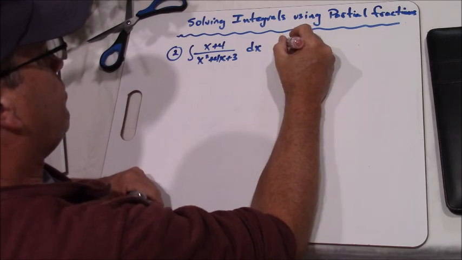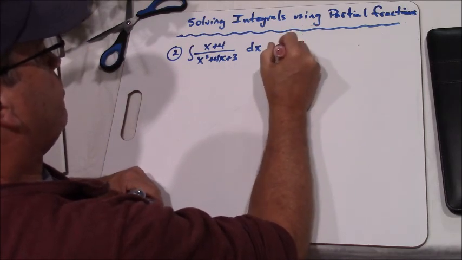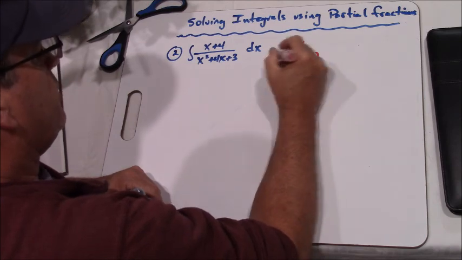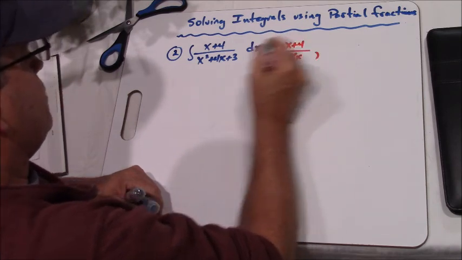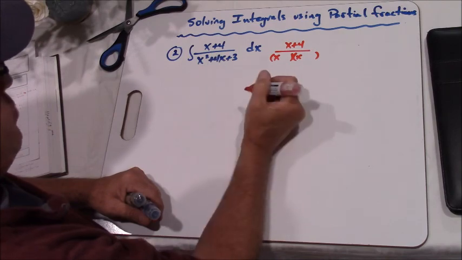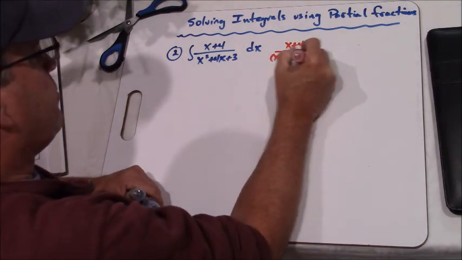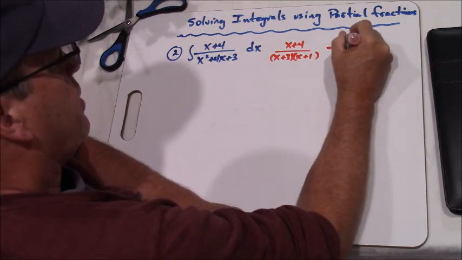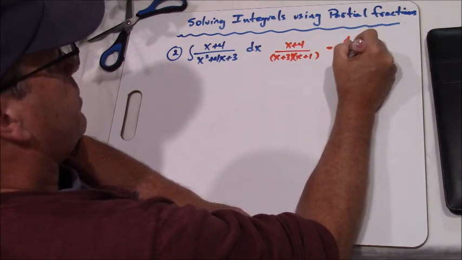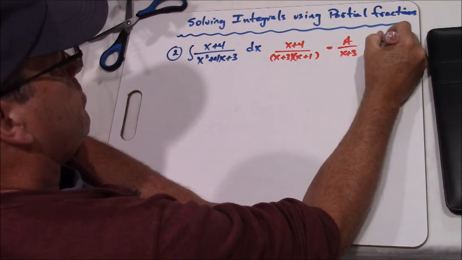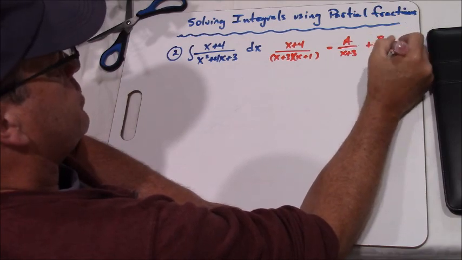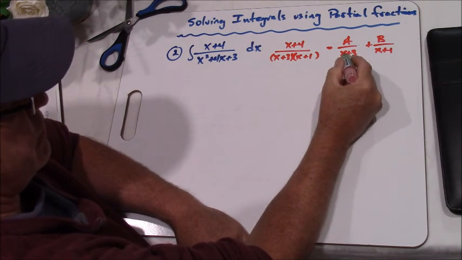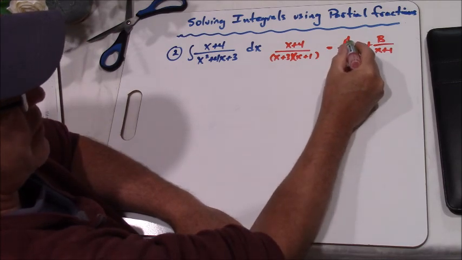All right, so I would write this as x plus 4 over, if I factor this denominator, I'm going to get x times x. 2 numbers you multiply to get 3 and add to get 4. It's got to be plus 3 and plus 1. So this would equal a over x plus 3 plus b over x plus 1. This is just a linear factor, so 1 degree less would be just a constant.